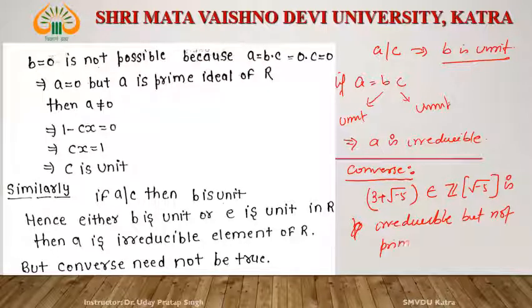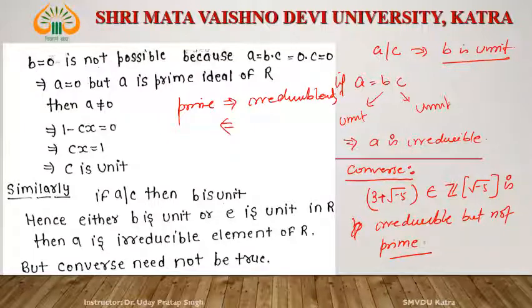So every prime element is irreducible, that is, prime implies irreducible, but the converse need not be true.